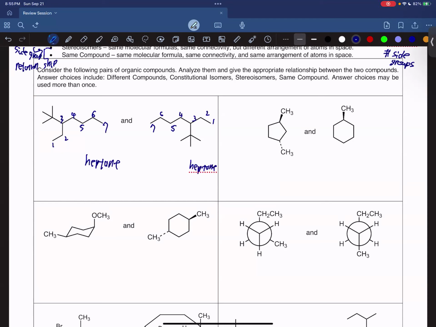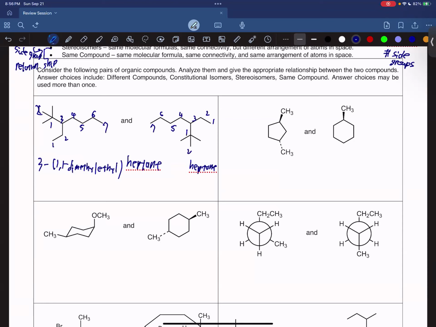And we have branches, which is 3-ethyl, dimethyl heptane. 1, 1, 2, and then these are dimethyl in here.